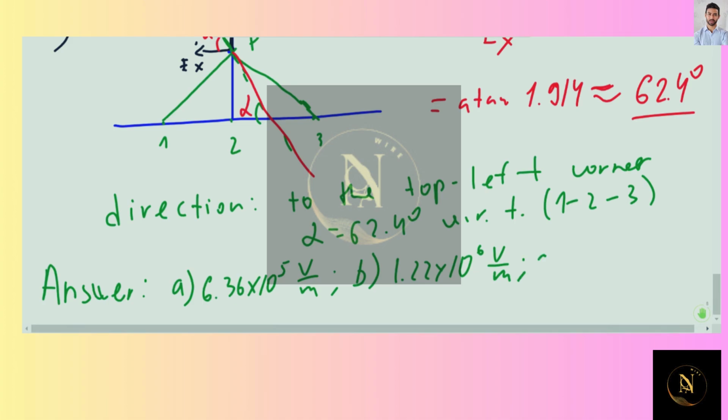For question C, it is 1.37 multiplied by 10 to the power of 6 volts per meter. And for question D, it is 62.4 degrees to the left top. So this is the answer to this question, and the solution is presented here.